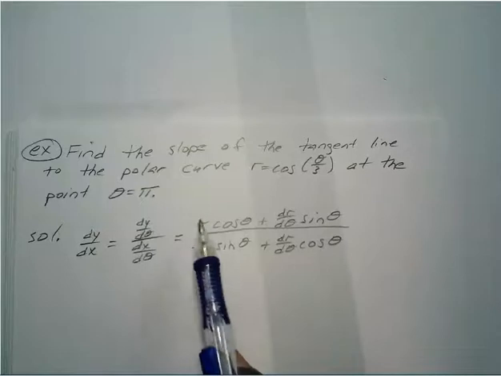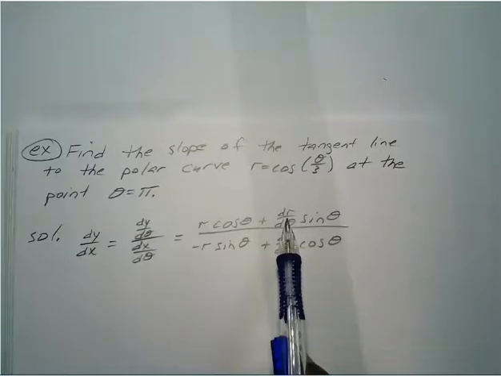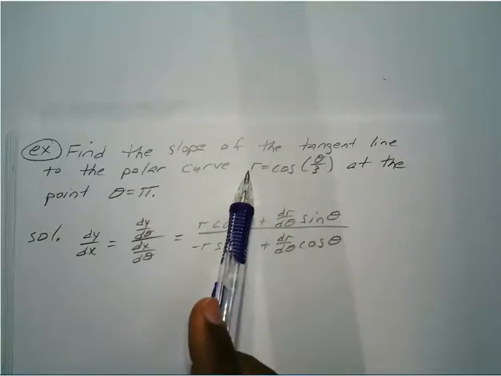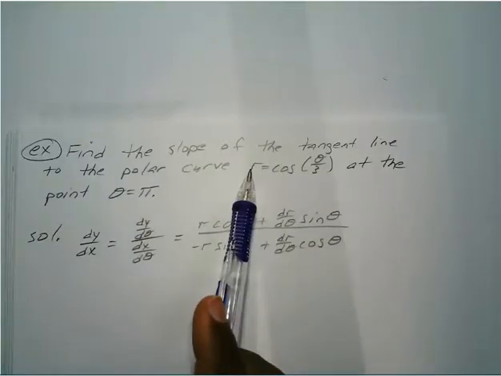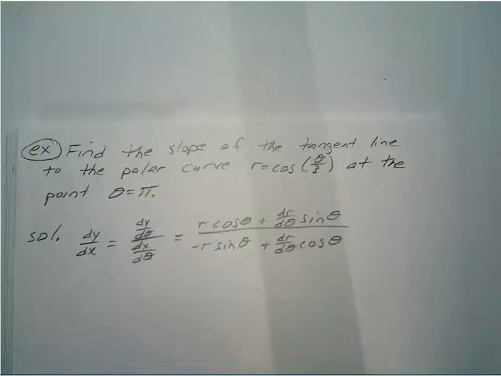Okay, so all we did was use the r instead of f of theta and dr/dθ instead of f prime of theta. Again, you may have some problems that instead of r equals, they may say f of theta equals. This way you're familiar with both.